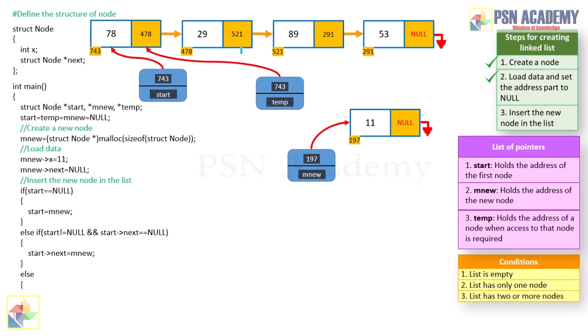If not, we move temp to the next node and check it there. And if yes, we stop. And we will be sure that temp is actually standing on the last node. Quite interesting, right?